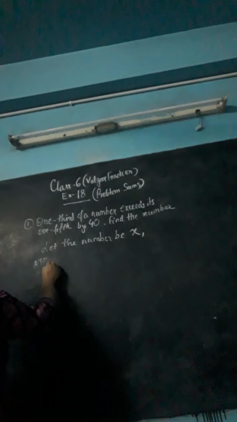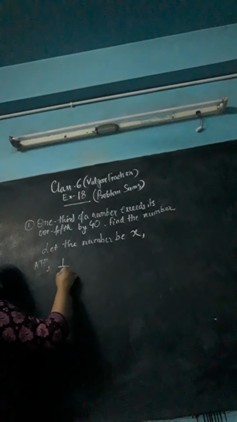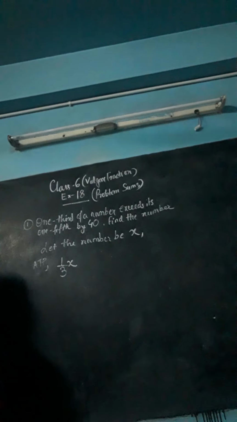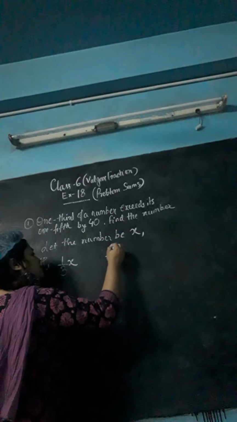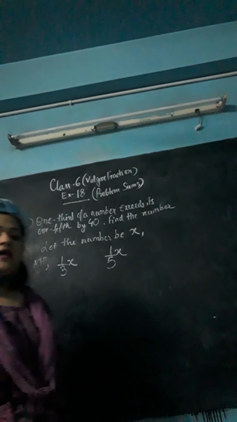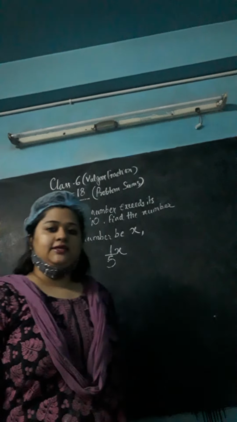According to the problem, 1/3 of the number, 1/3 of x, exceeds, means it is greater than, 1/5 of the number, that means 1/5 of x, by 40. That means the greater number is greater than the smaller number by 40. So when we subtract the smaller number from the greater, the difference between them is 40. That is given in the sum.